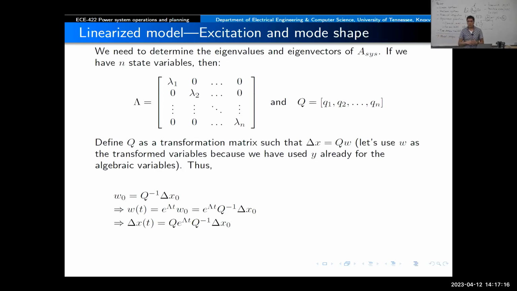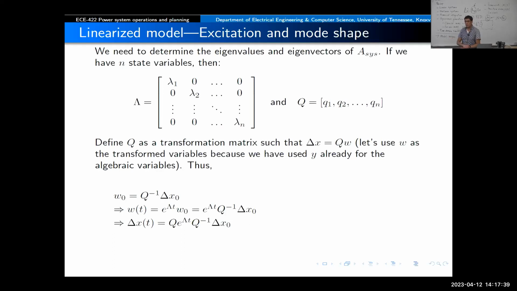Look at the equation. What can we say about that expression in regards to delta x 0? Because that matrix exponential of lambda t is diagonal, right? What can we say if you look at this part of the equation, Q inverse delta x 0?